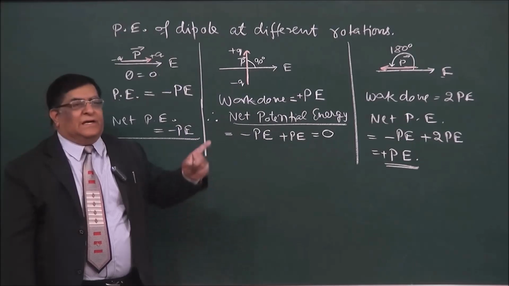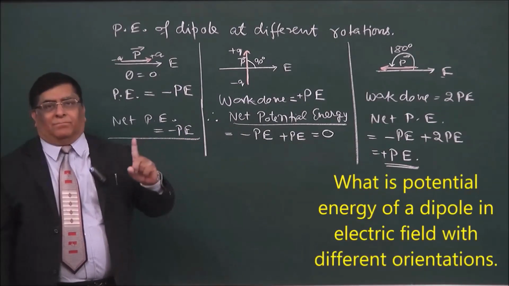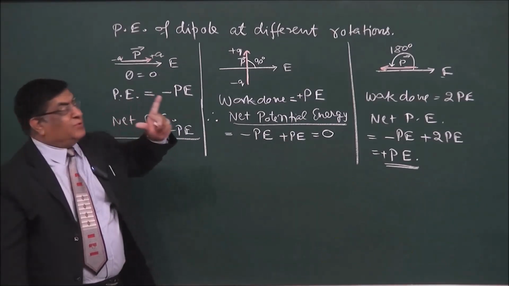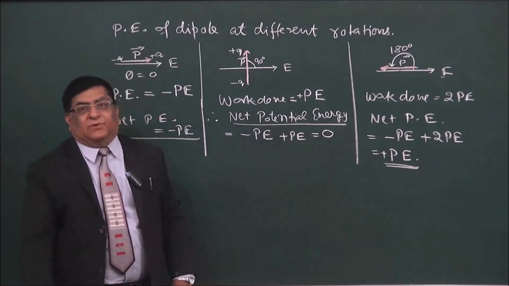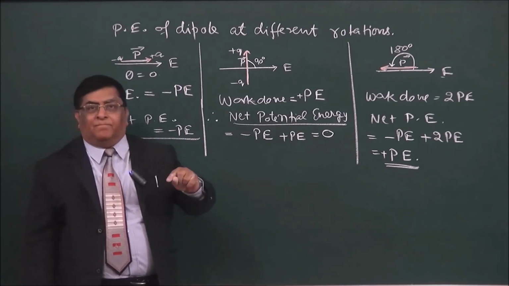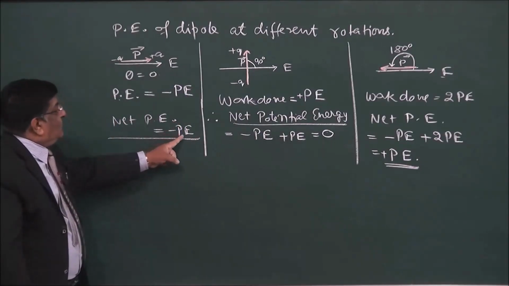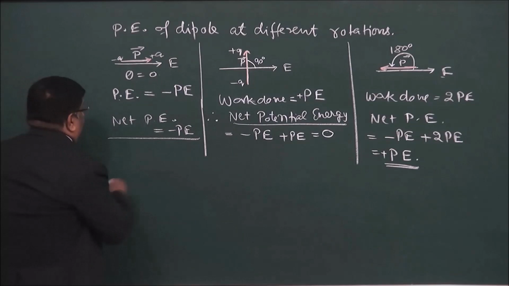In which condition of rotation the potential energy is minimum? And when we say minimum, immediately it comes to our mind, no potential energy, this must be 0. But this is not correct, because when we say minimum, then a lower potential energy from 0, minus PE, is also present. So this is minimum potential energy.